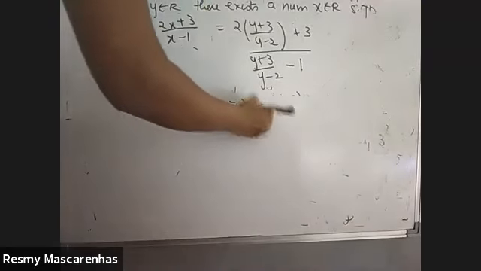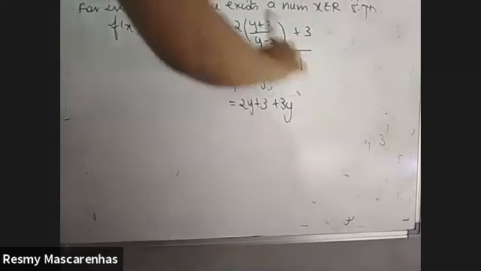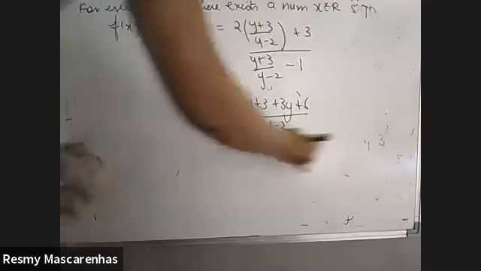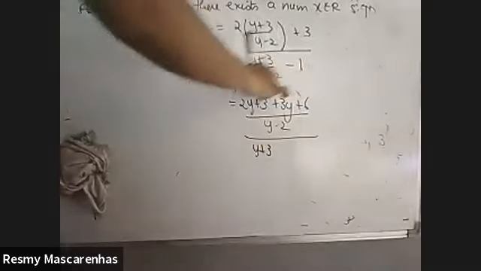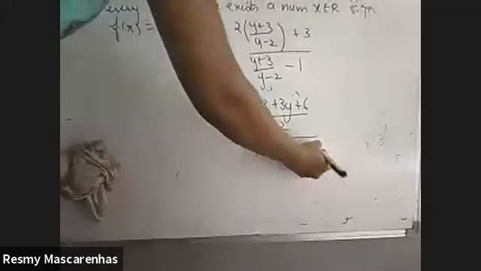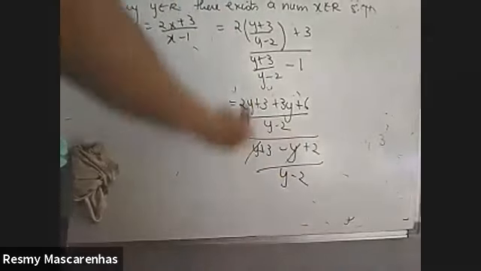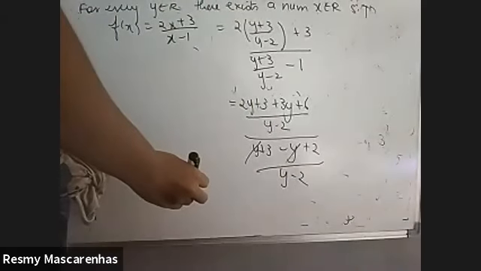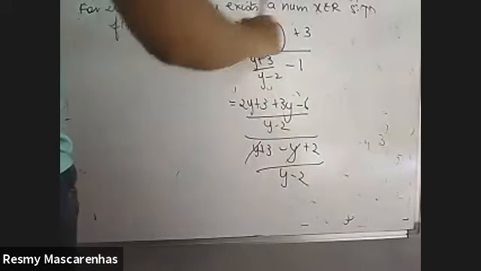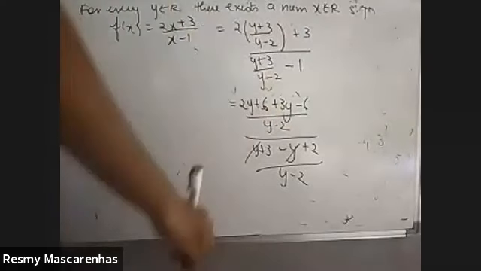So this will be 2y, cross multiply. So this will be 3y minus 2 plus 3 is 6. Minus 1 into y will be minus y. Minus 1 into minus 2 will be plus 2. Something has gone wrong here. Here, minus 6. This will be 6: 2y and 2 3s are 6.